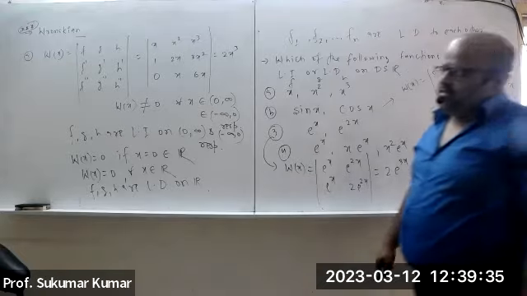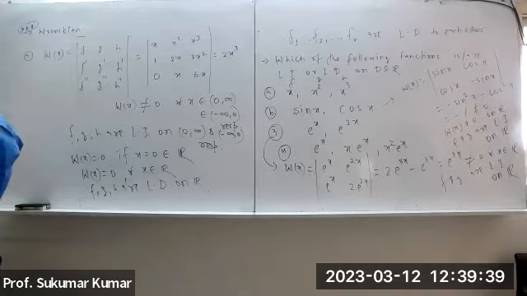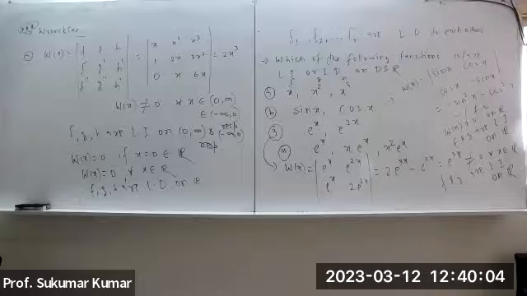Last one, any problem? Here the Wronskian is 0 where x is equal to 0, no? So any interval containing 0, on that interval the Wronskian will be 0.